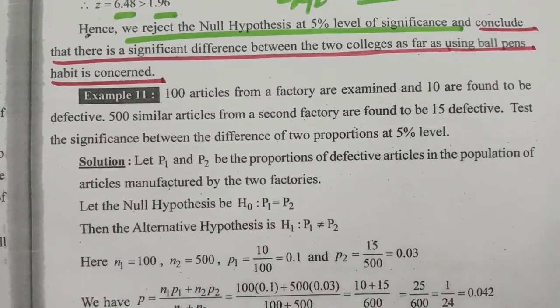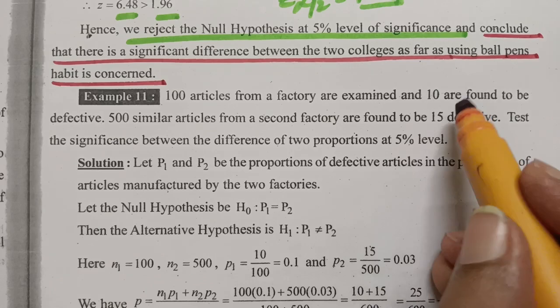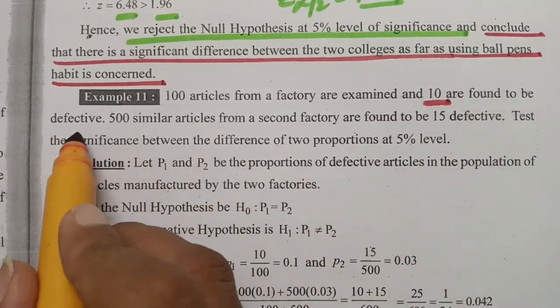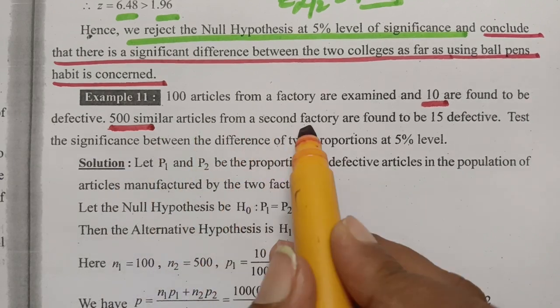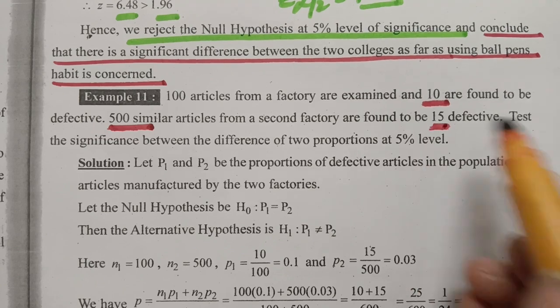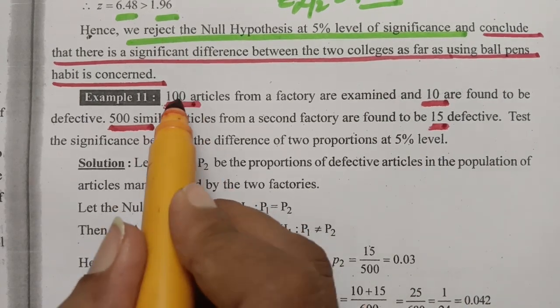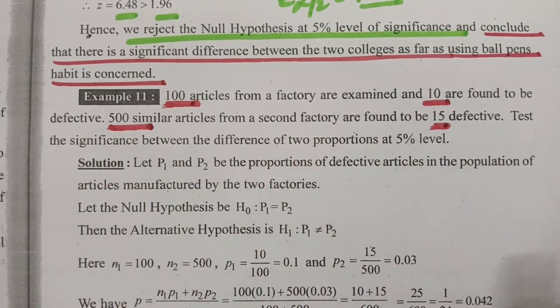And here the 11th question is: 100 articles from a factory are examined and 10 are found to be defective. 500 similar articles from the second factory are found to have 15 defective. See here, among 100, 10 are defective, and among 500, 15 are defective. Clear?